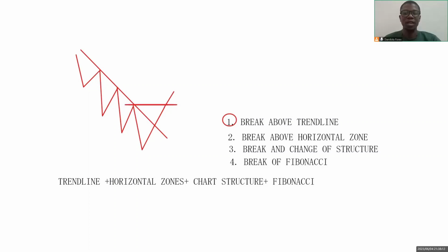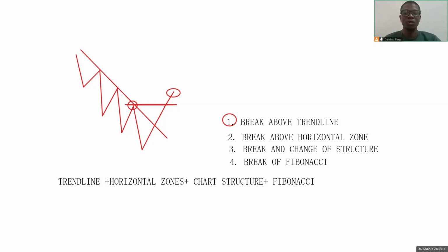As soon as it is broken, I know there's been a break above the horizontal zone, and also a break and change of structure. How? Because price now has a higher high, that is a high that is higher than the previous high, which indicates that the bulls are currently in and are going to take over price.